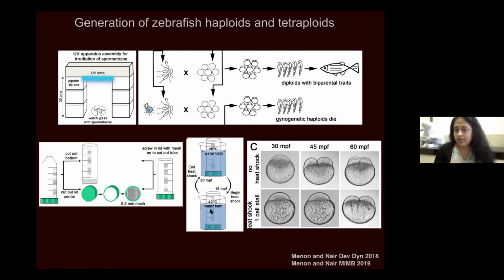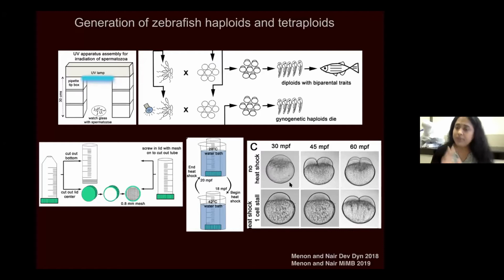The timing of the heat shock is important. This standardization paper from our group tells you the time at which you should heat shock to achieve tetraploidy, but not have the technique-associated lethalities in the embryo. So we are very confident that we are achieving tetraploidy without heat-associated toxicity, because we screen out those embryos. So it's possible to generate haploids and tetraploids in zebrafish.